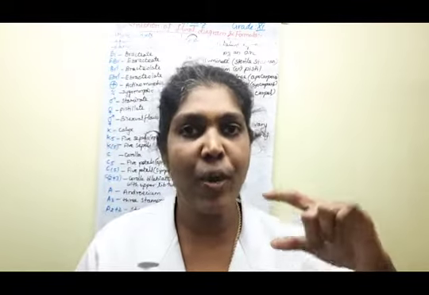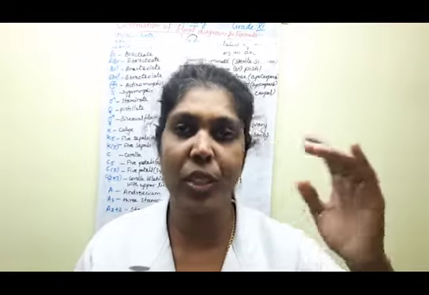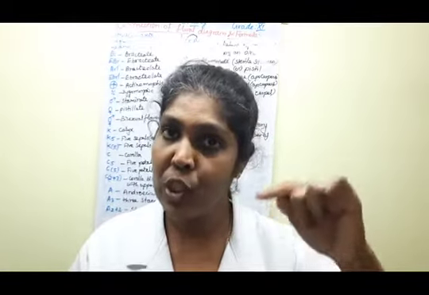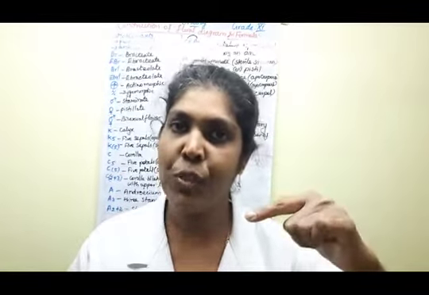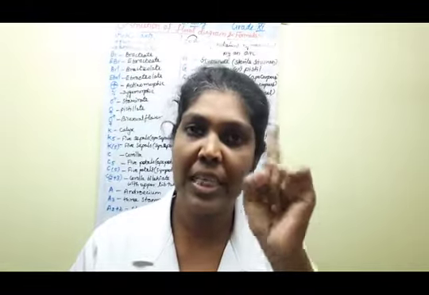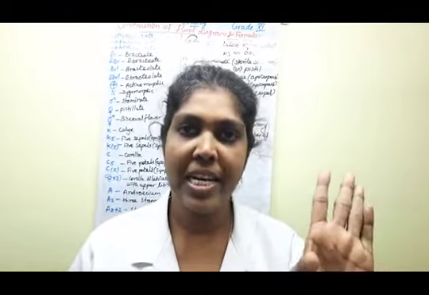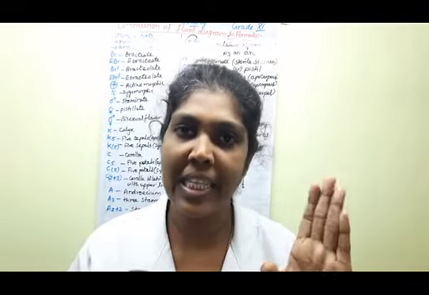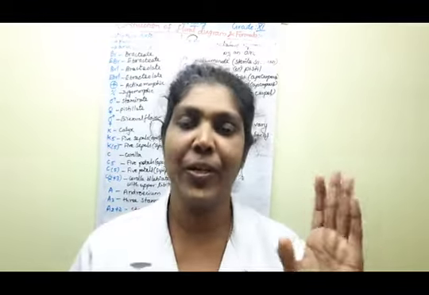Epigynous, very good. This is the same concept, children, but here it is an inferior ovary. That is the only little variation between hypogynous and epigynous flowers. Understood, children? Say yes or no? Are you clear? Yes, good, very good. Next one.